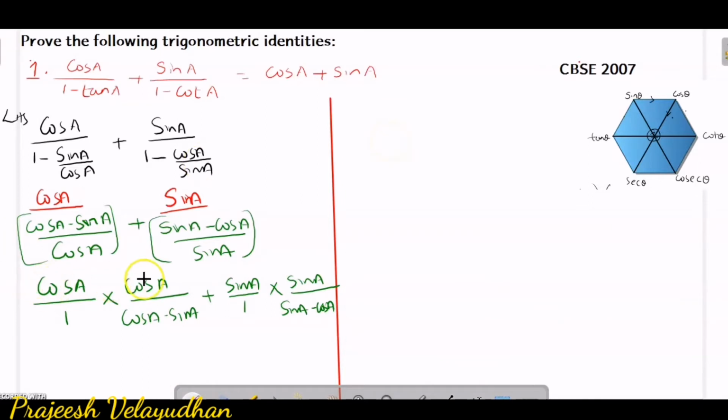Cos A into cos A, what is cos A into cos A? That is cos square A.